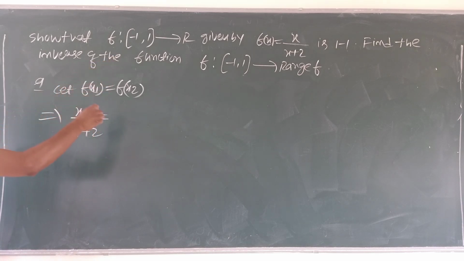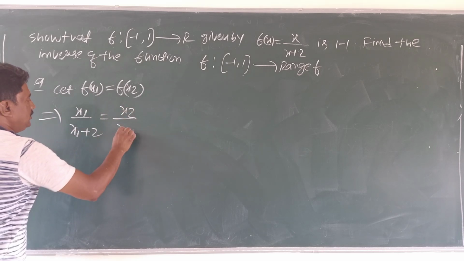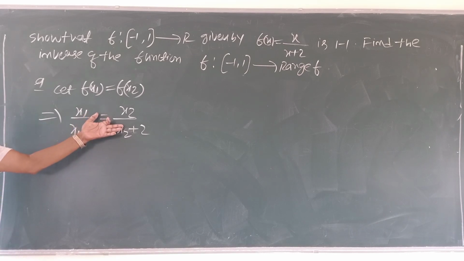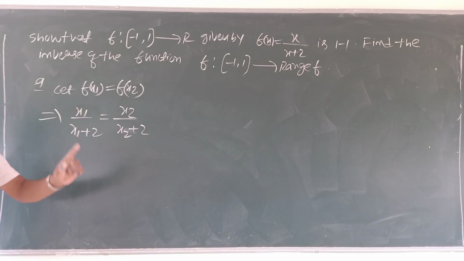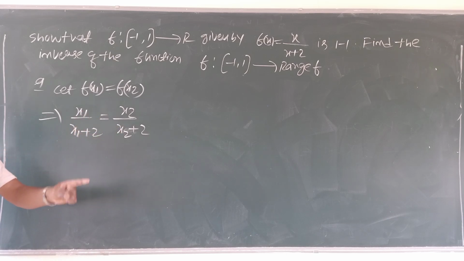Tell me f(x2): x2/(x2 + 2). You just cross multiply and try to prove x1 = x2. Simplify this, surely you are going to get x1 = x2.